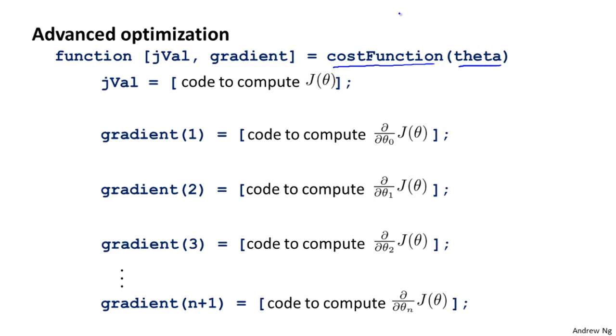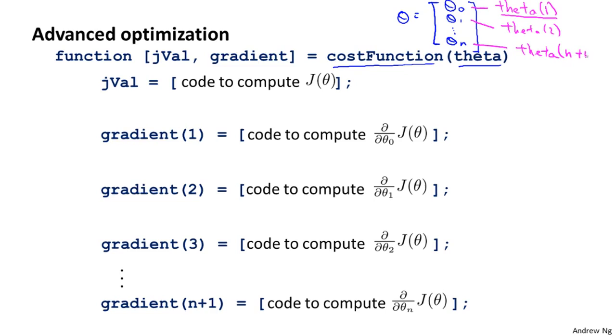In the equations we've been writing, we use 0-indexed vectors, so we had theta 0 up to theta n, but because Octave indexes vectors starting from 1, theta 0 is written in Octave as theta 1, theta 1 as theta 2, and so on down to theta n plus 1. And what we needed to do was provide a function called cost function that we would then pass into what we saw earlier.